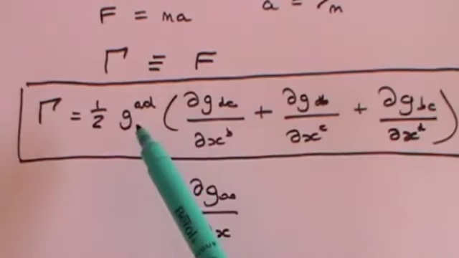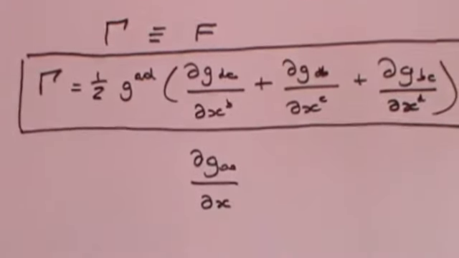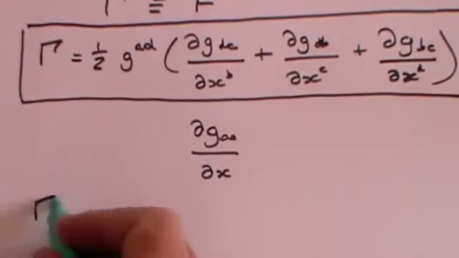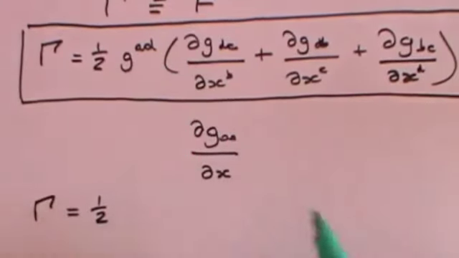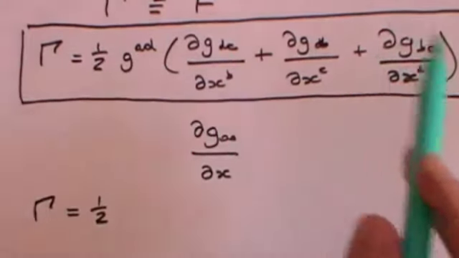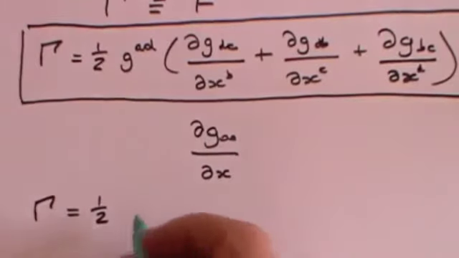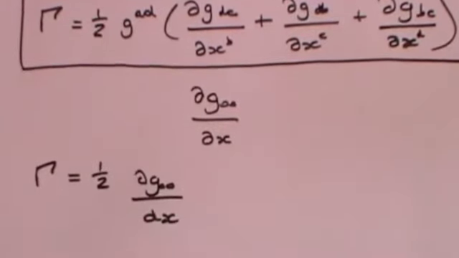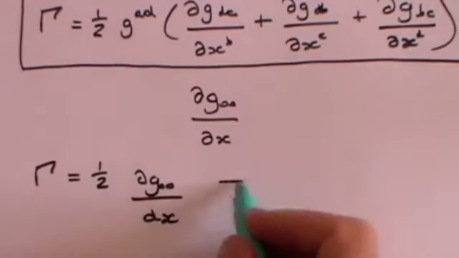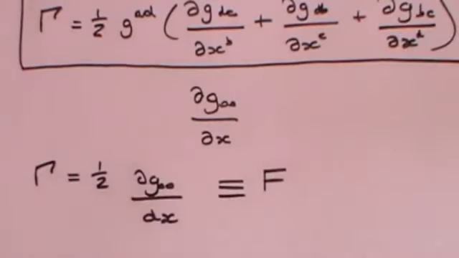And this term g becomes 1, and so that gamma term reduces to a half. That g becomes 1, so we can ignore that, multiplied by all of this lot, which is simply dg00 by dx. And that, we said, was equivalent to a force term.